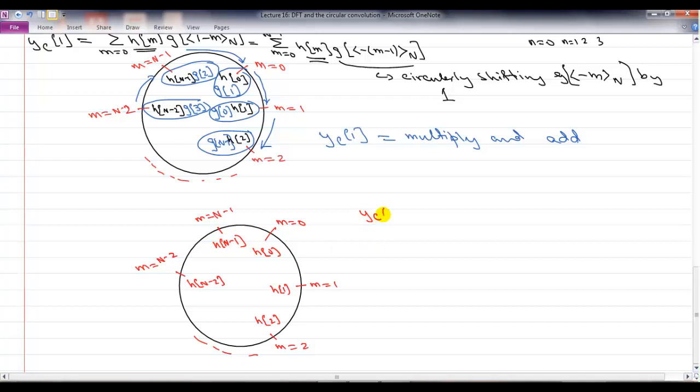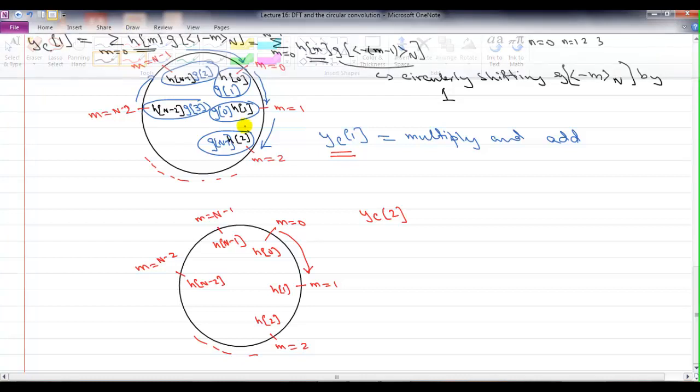For yc of 2, we need to circularly shift the circularly flipped version by 2, or equivalently we have to shift the g sequence one more step in the clockwise direction from where it was for yc1. So whatever was for yc1 at m equal to 0 goes to m equal to 1, and whatever was at m equal to n minus 1 goes to m equal to 0.